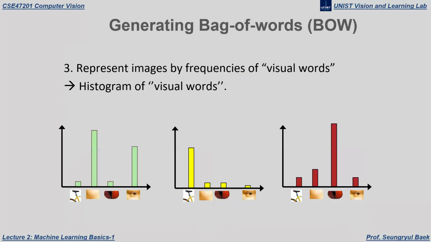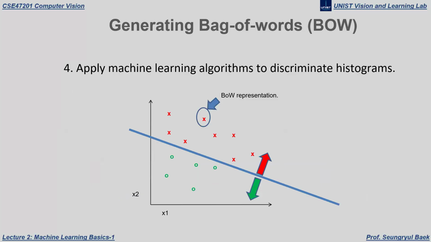Then using those visual words, we can construct a histogram for each image. Okay, are you guys following this? And then we will apply machine learning algorithms to discriminate these histograms.